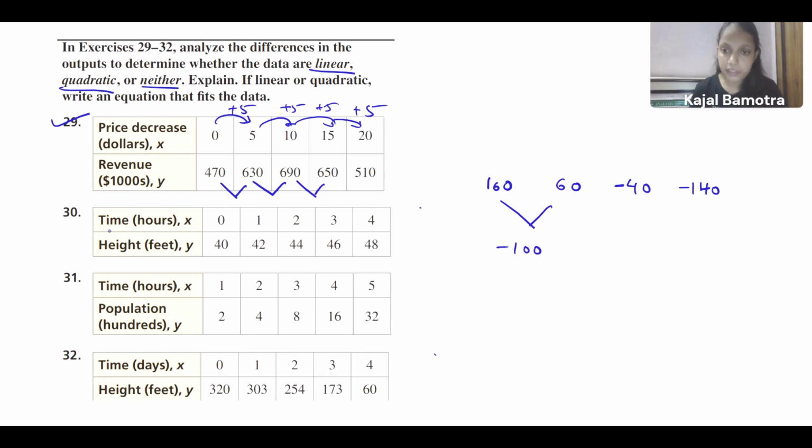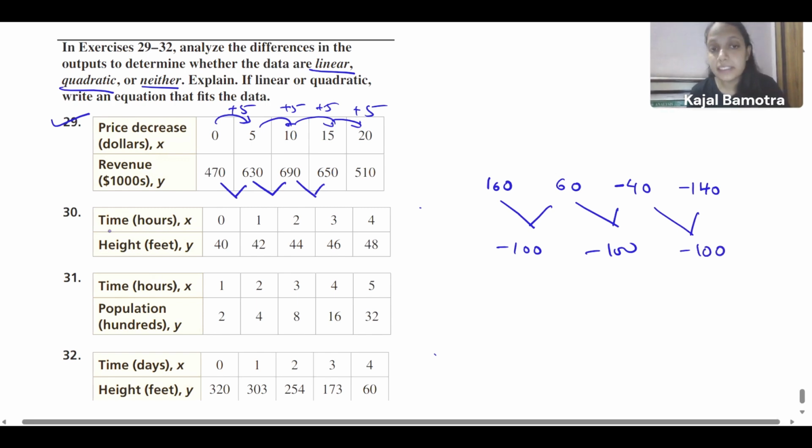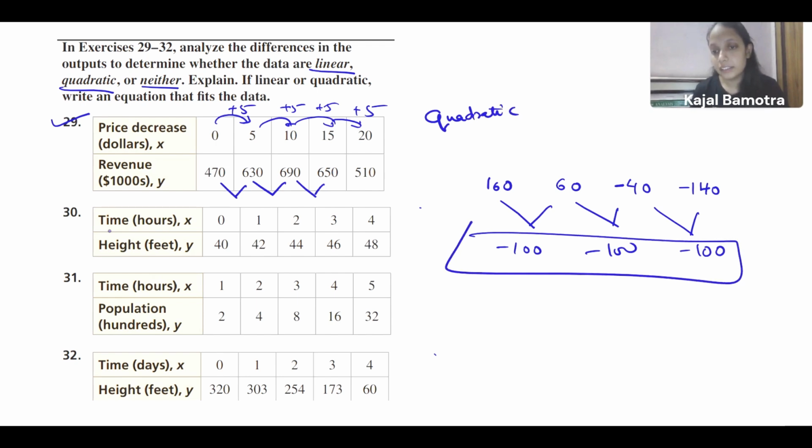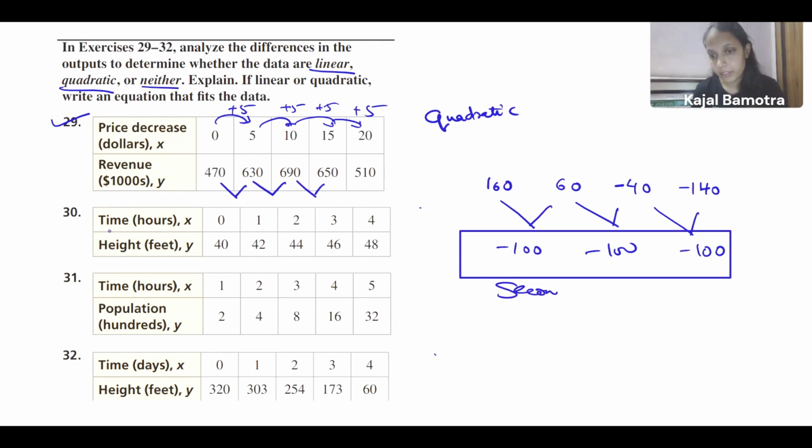It's negative 100, negative 100, and negative 100. Second difference is the same. So this data represents a quadratic function. It's a quadratic, because the second difference is the same.